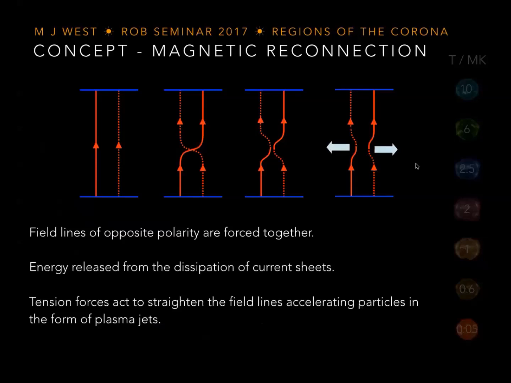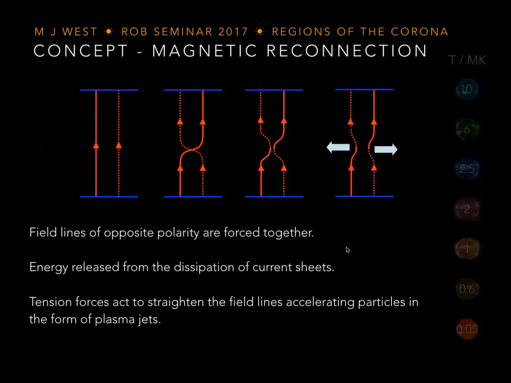This liberates energy from the current sheets in the form of thermal energy and kinetic energy. This is a very idealized cartoon, showing two fields getting twisted around each other, and then breaking and reconnecting. Think of it like elastic bands getting twisted up, and then they break at some point and connect back together.